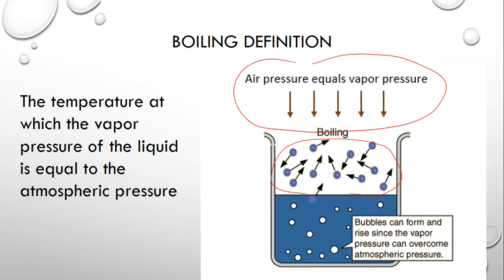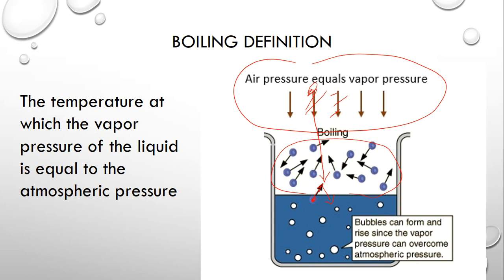And if you think about this, a particle in the liquid has to be moving in the right direction and with enough speed to actually break away from the liquid. And that's great, like, I'm free. But then there could be an atmospheric gas molecule that knocks it back in. And so if we take away some of these atmospheric molecules, it's easier for things to boil because there's nothing knocking them back into the liquid.